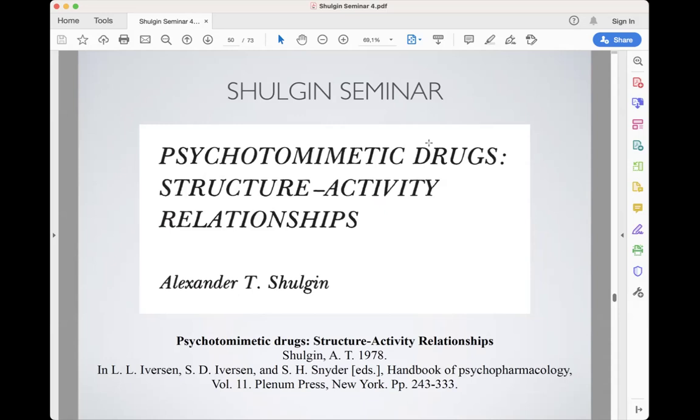It's a huge paper from a handbook of psychopharmacology, and it contains a lot of material, and of course we are not going to discuss it all, but the question that I would like to ask is what novel materials does it contain?